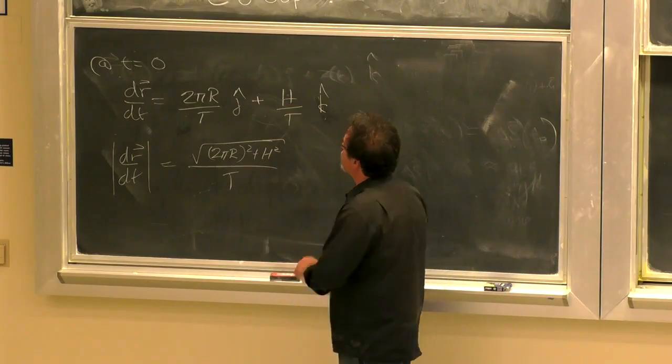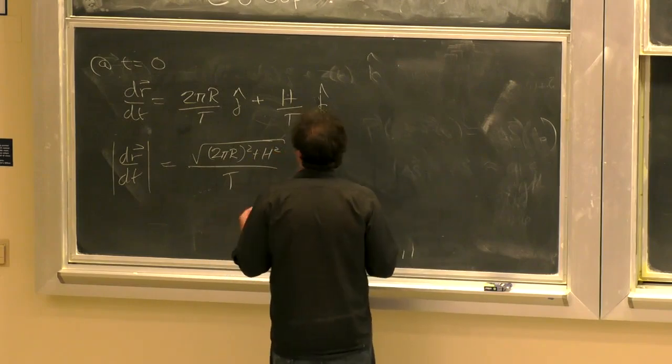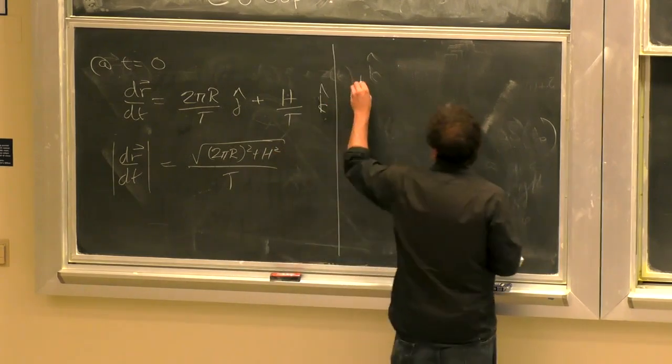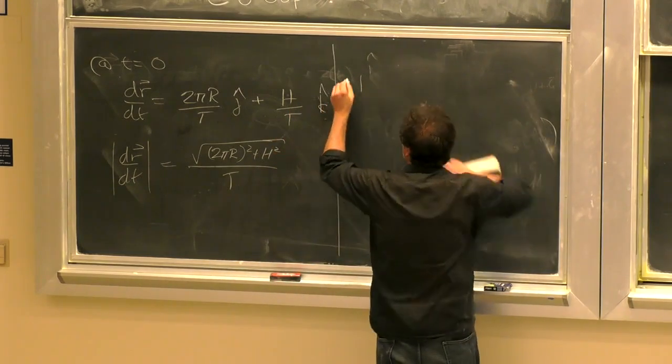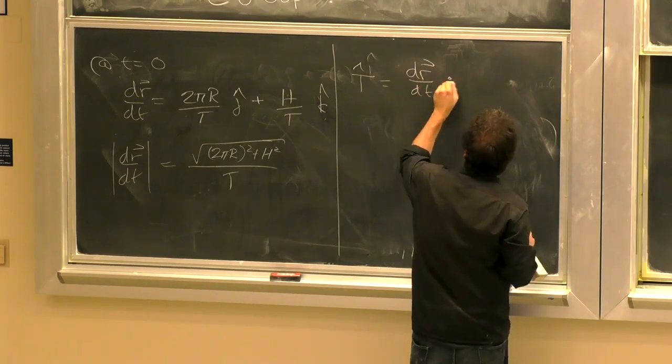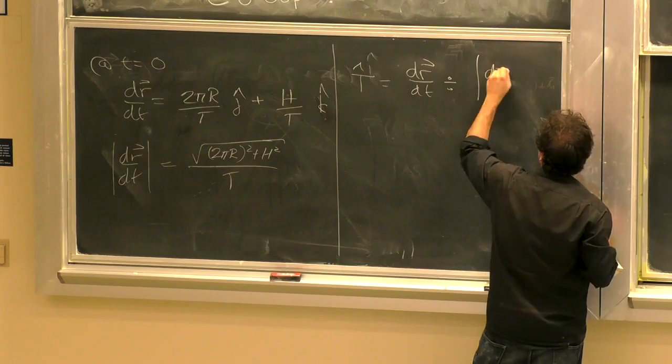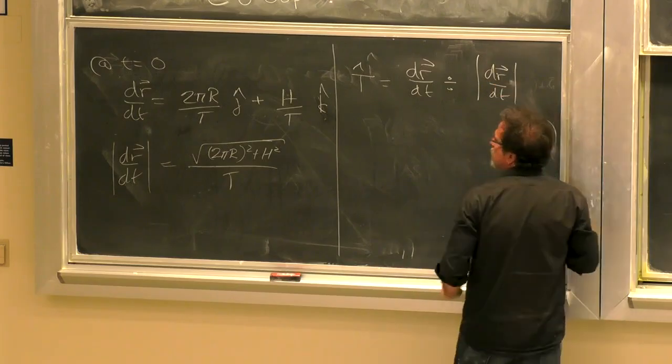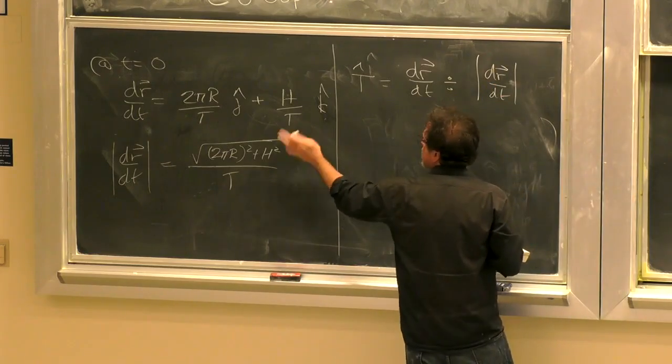That's what you get. And if I were to do the unit tangent, so this is a tangent vector, the unit tangent is dr/dt divided by the magnitude of dr/dt. That's what we mean by a unit vector. We notice that the capital T's cancel out.